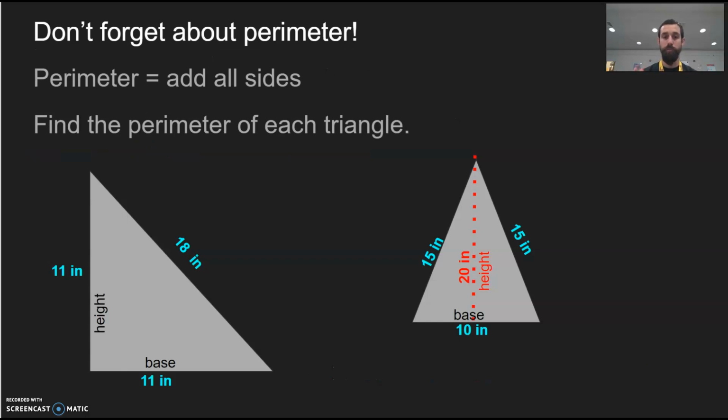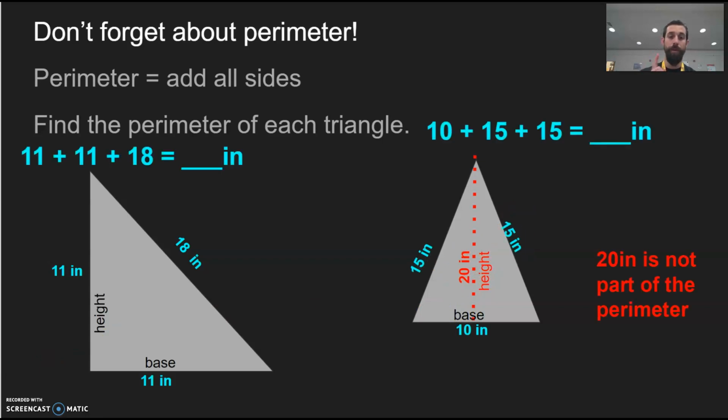So if we're going to do perimeter of a triangle, it's very similar to perimeter of a rectangle or a square or a parallelogram. We're just adding all the sides. All three sides need to be added together. So really, on the first triangle, 11 plus 11 plus 18, or we could do 15, 15, and 10. We just add them together, okay?